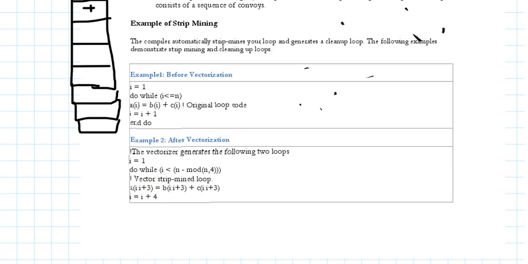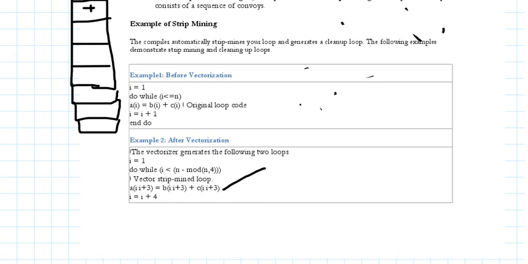If you explicitly write this code, it will look like a[i] equals b[i] plus c[i].